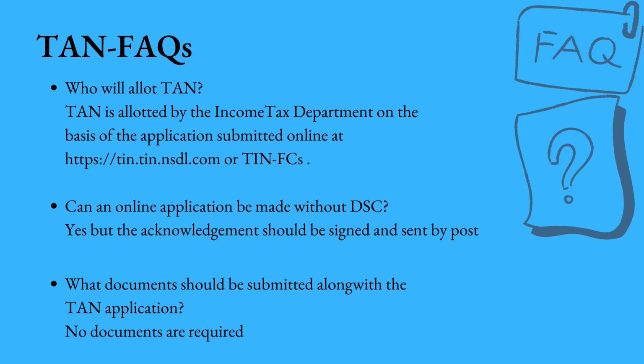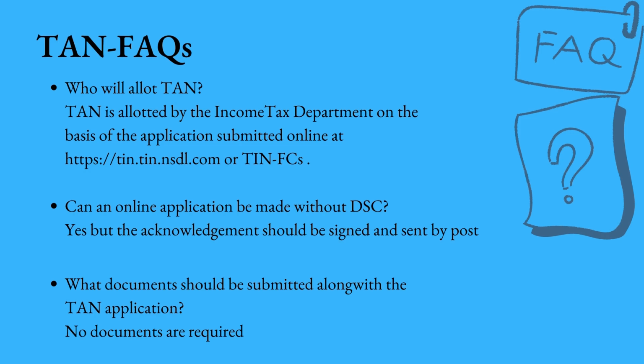NSDL e-Government will intimate the TAN to the applicant at the address provided in the application. Next question would be, can an online application be made without digital signature? Yes, but the acknowledgement should be signed and sent by post to the registered address of NSDL.